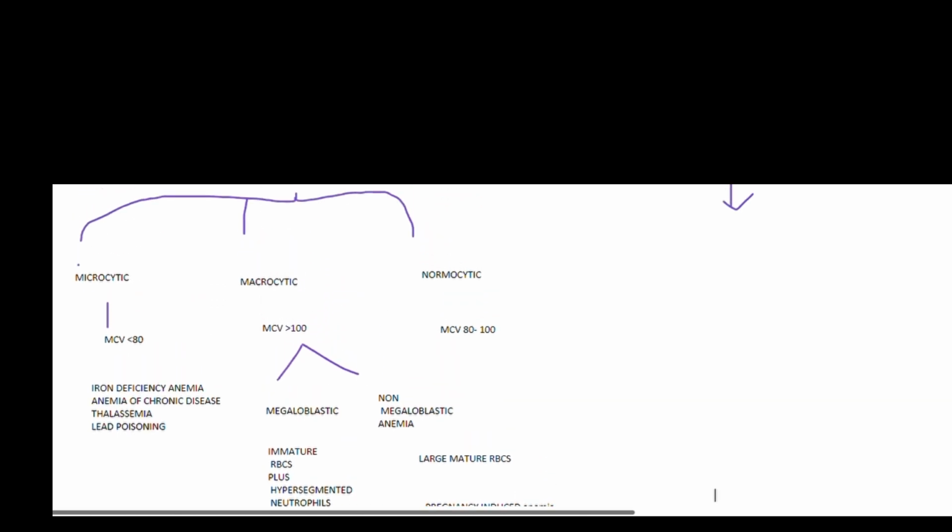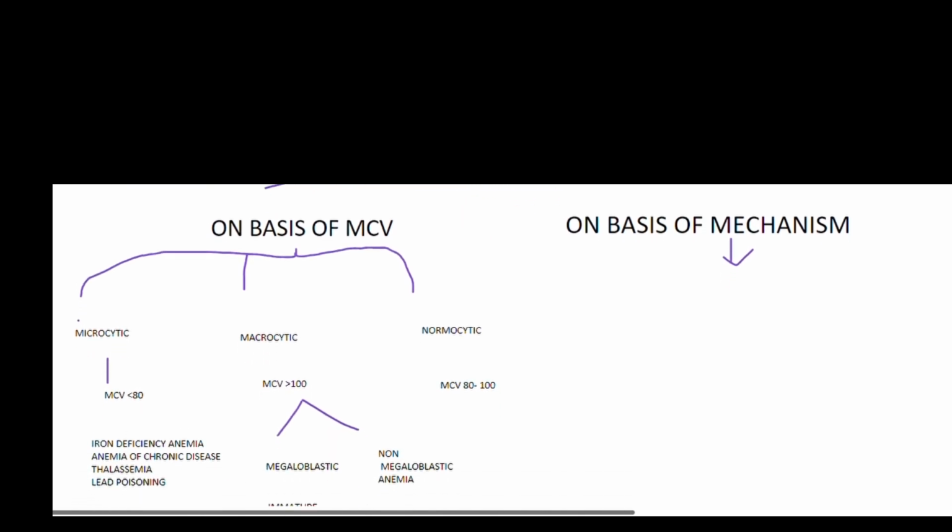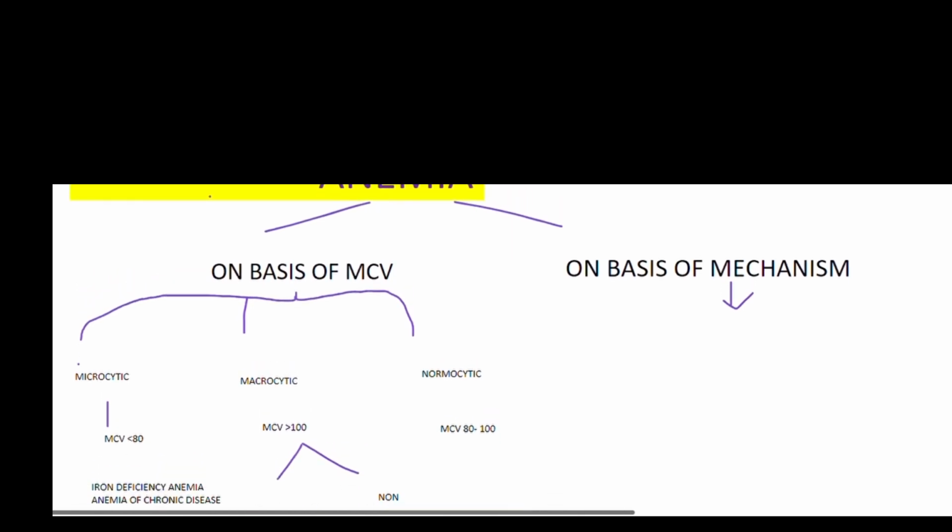The anemia in hypothyroidism is a non-megaloblastic anemia. Clear so far? Now let's get back to the second classification that is based on the mechanism.